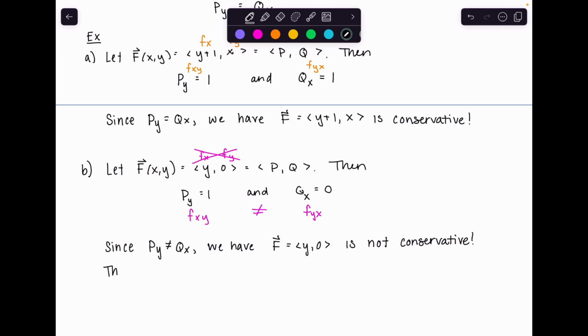There is no function f so that the gradient of f will equal this vector field. Okay?